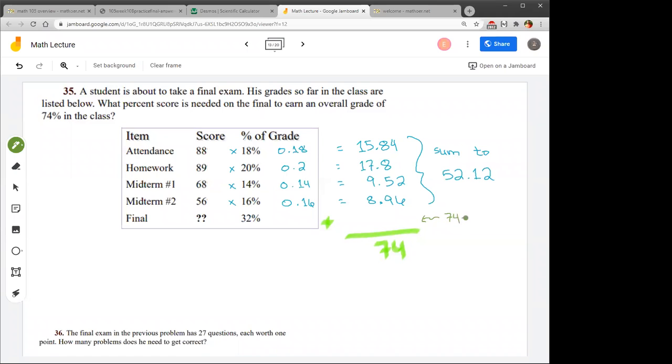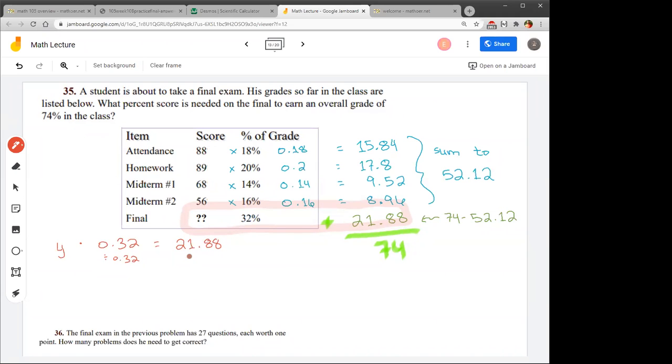And that is 21.88. So we are doing y times 0.32, which equals 21.88. And then we're going to divide 0.32 from both sides to get y alone.